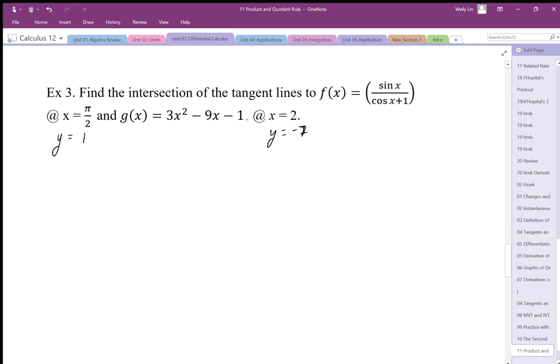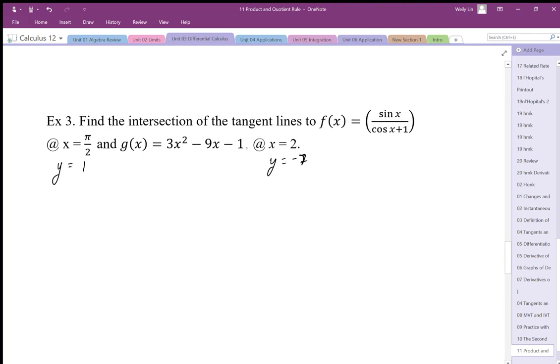Okay, so then for this first one here, this is a quotient, so I need to apply the quotient rule. So f prime of x: there's my numerator, and there's my denominator.